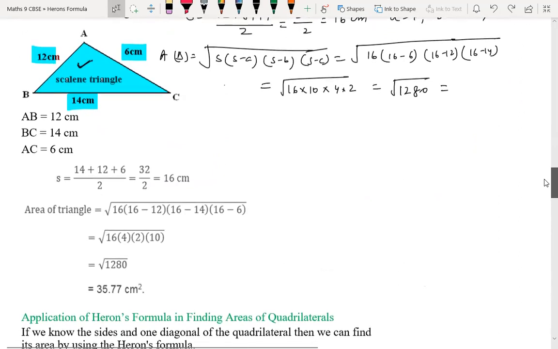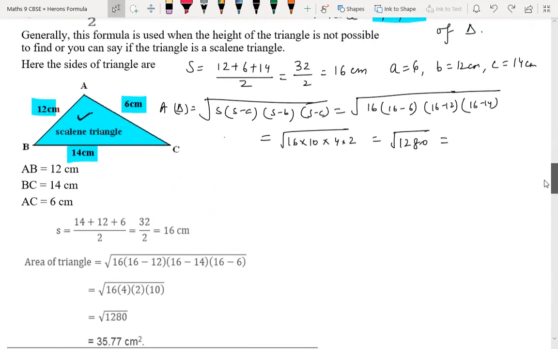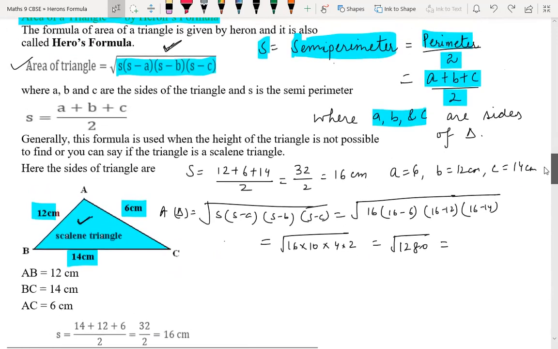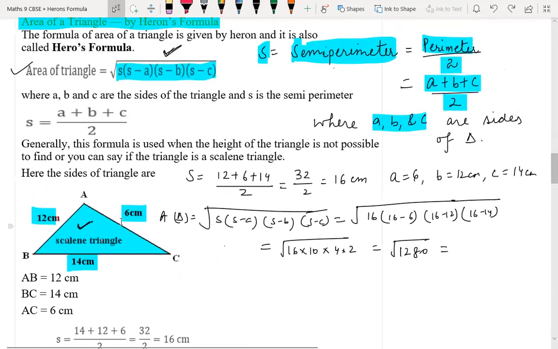You can see this triangle, children. This scalene triangle has sides 6, 12, and 14, right?